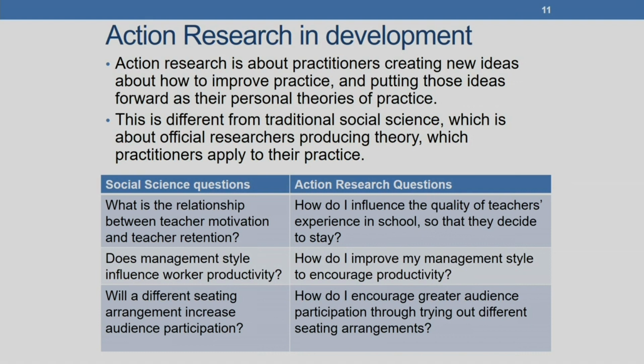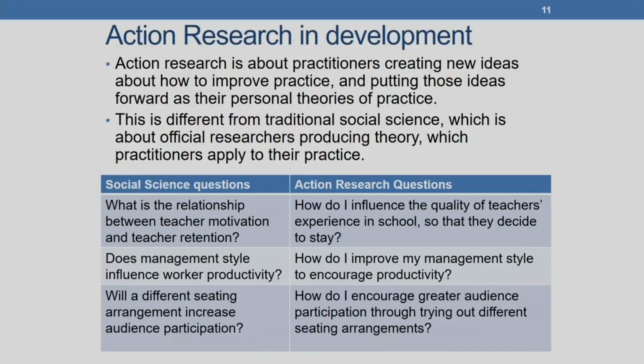We may have a qualitative or a quantitative approach to studying this question, finalizing certain indicators and simply looking at the correlation between them. Whereas the action research question would be, how do I influence the quality of teachers' experience in school so that they decide to stay? So, action researchers are ultimately aiming at the transformation of the problem they have identified. It leads to a transformative aspect, unlike the social science question.